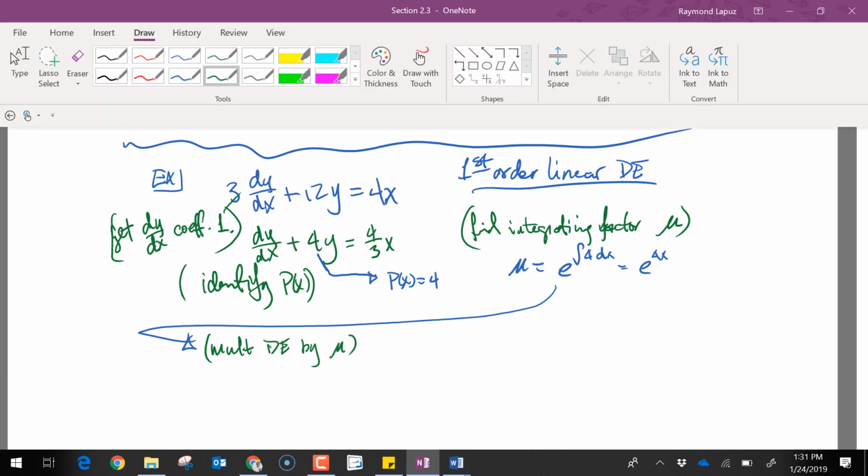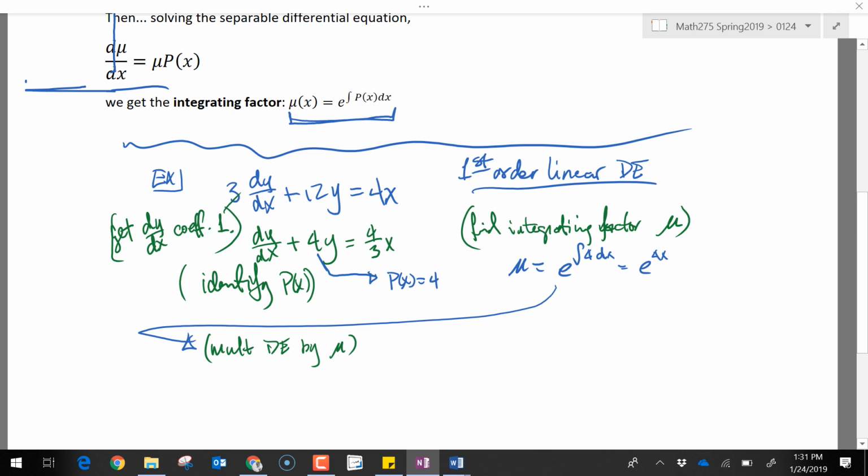Our differential equation was dy/dx plus 4y is equal to 4/3 x, so we'll multiply everything by that. So e to the 4x times dy/dx plus 4e to the 4x, oops, that's 4x, sorry, times y is equal to 4/3 e to the 4x times x.